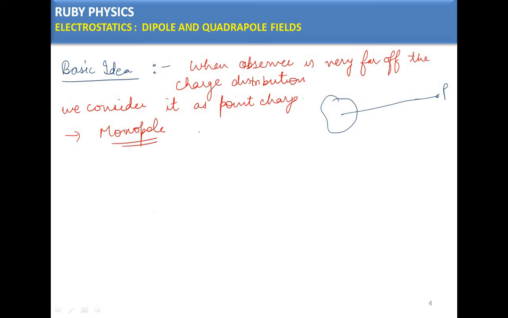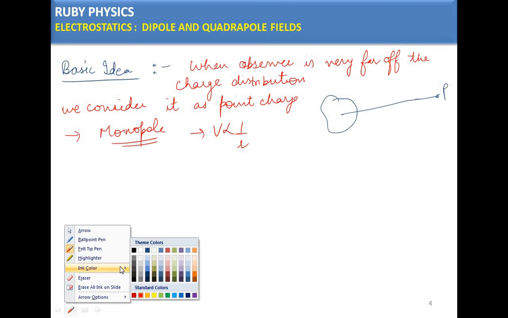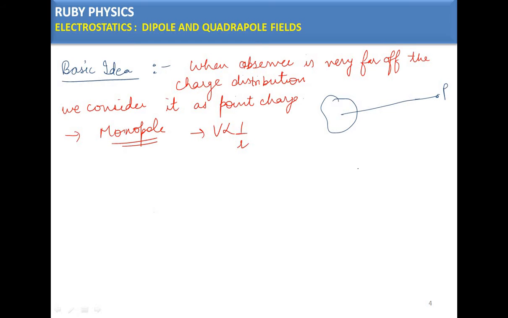Only the monopole term will be considered here, and the potential in the case of a monopole varies as 1 by R. You know this.